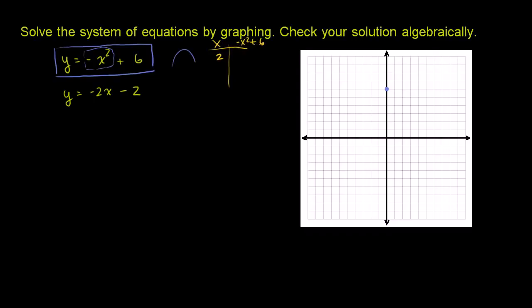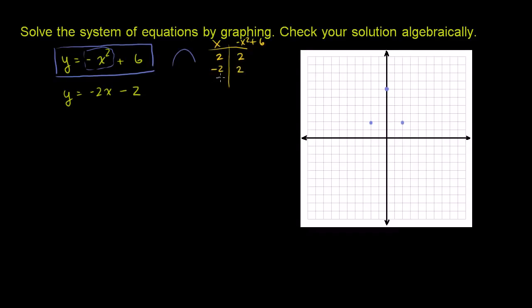So it's negative 4 plus 6, which is equal to 2. And the same thing when x is negative 2, because you square it, then you have positive 4, but you have a negative there. So negative 4 plus 6 is 2. So you have both of those points: 2 comma 2, and negative 2 comma 2.